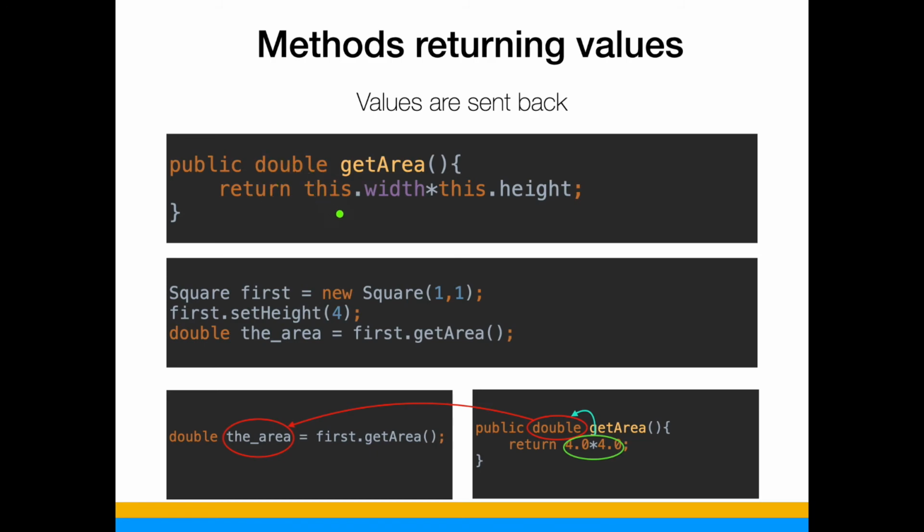So this multiplication of width times height is a double, and we can return it as a value. If you remember from your geometry classes, the area of a rectangle is the multiplication of the width and the height. So if we are creating a square, where we're setting the height, and because in the height we're modifying the width and the height, whenever we call GetArea, we're multiplying 4 times 4, and that is what gets returned.